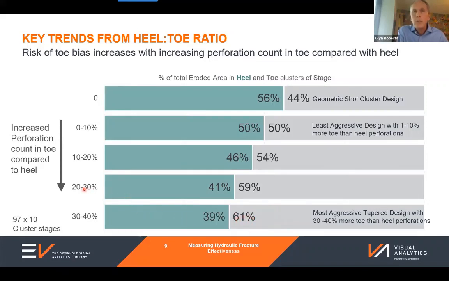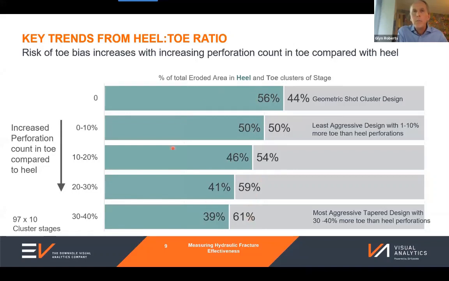As we reduced that proportion of extra perforations in the toe, our bias reduced until we got that desired 50-50 ratio, when there was between 0 or 1 and 10% extra perforations in the toe. And finally, if we go back to no extra perforations, this is actually a geometric stage design now by definition, and we're back to that heel bias.